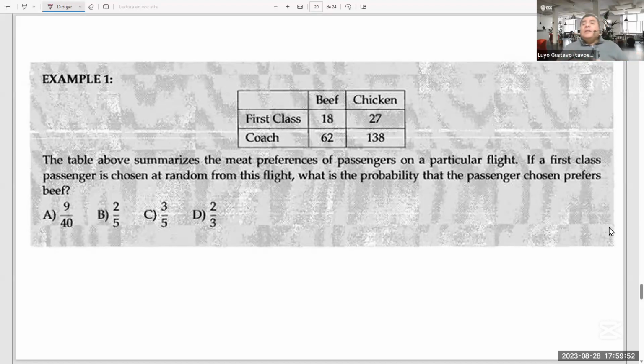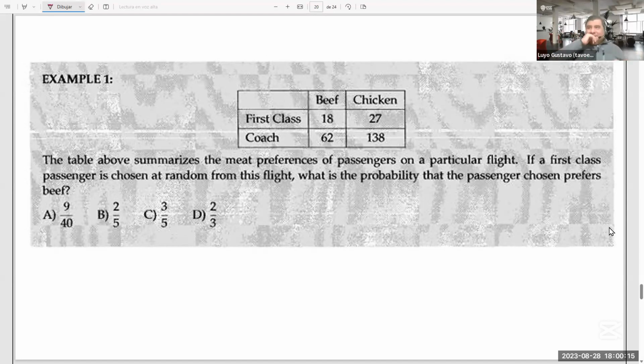The table above summarizes the meat preferences of passengers on a particular flight. If a first-class passenger is chosen at random from this flight, what's the probability that the passenger chosen prefers beef?